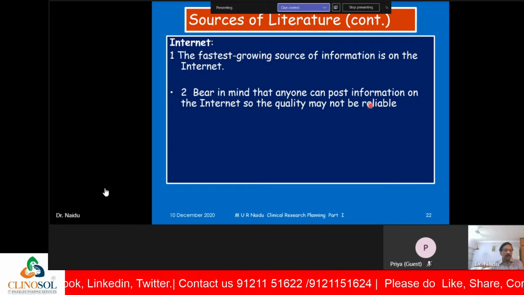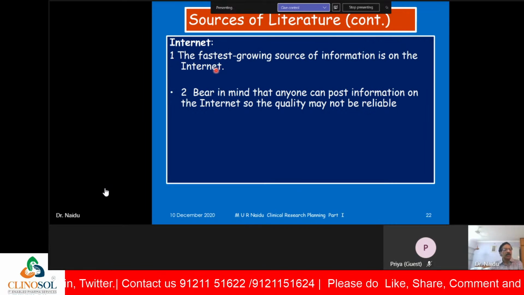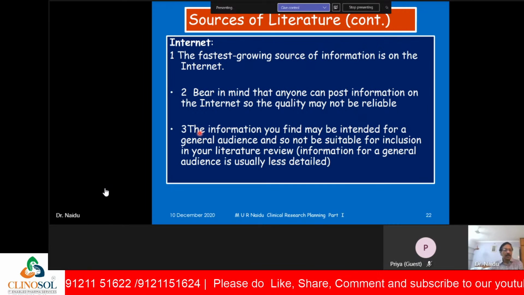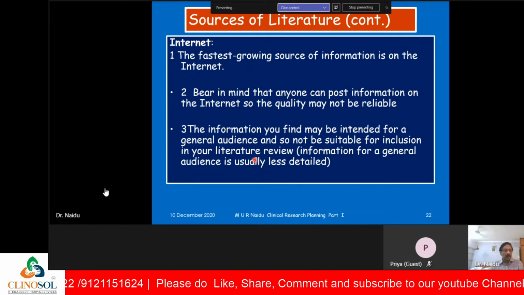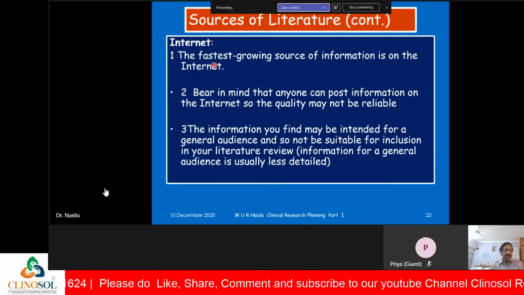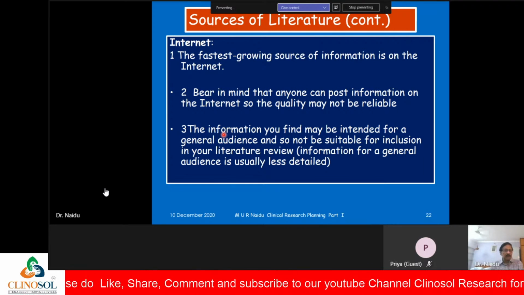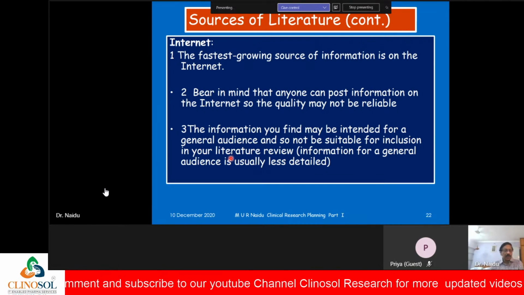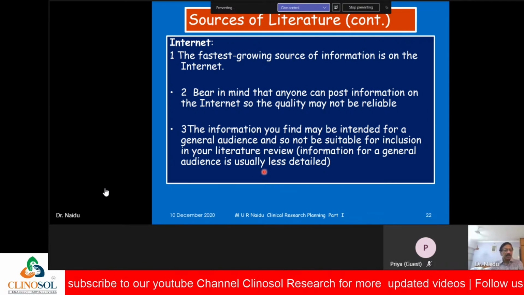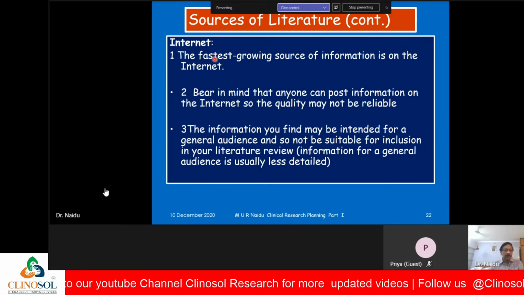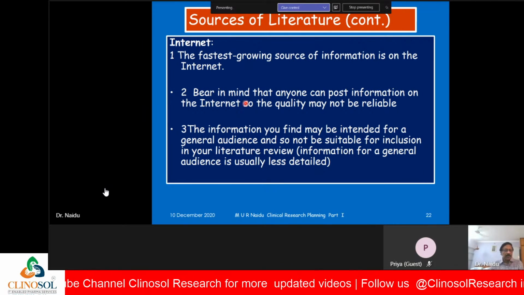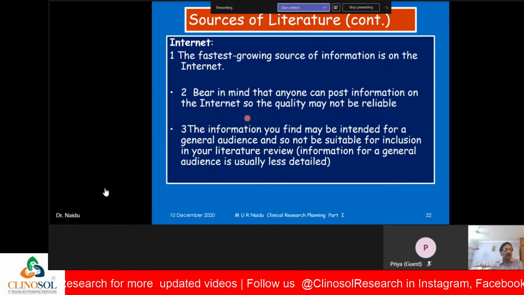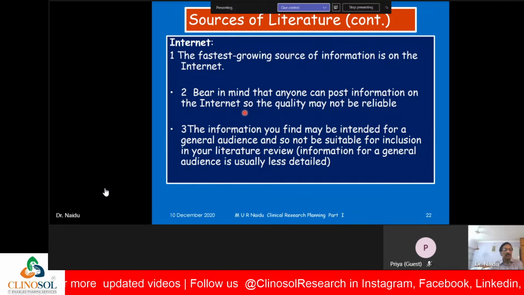Published data is more reliable than anything on the internet, because anybody can publish anything, which may be false. The information you find may be intended for a general audience. Many things on the internet are mostly for a general audience. It is not very scientific, so it is not suitable to include in your literature review, but general information may be useful. So no doubt it is very fast and gives a lot of information, but these are two very important disadvantages to keep in mind when you are using the internet as a source of literature.